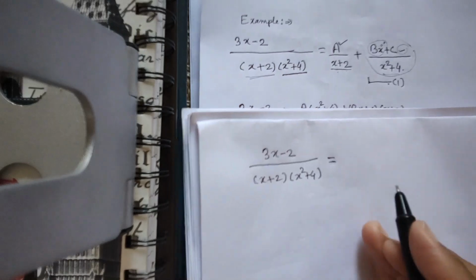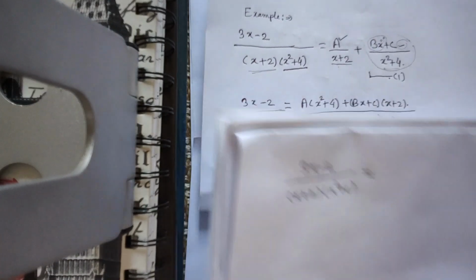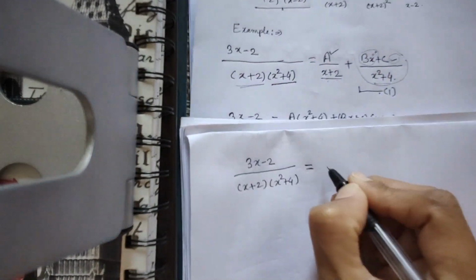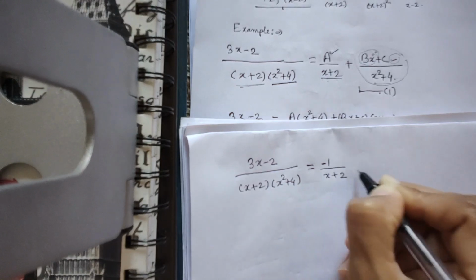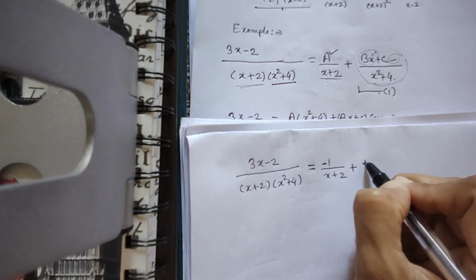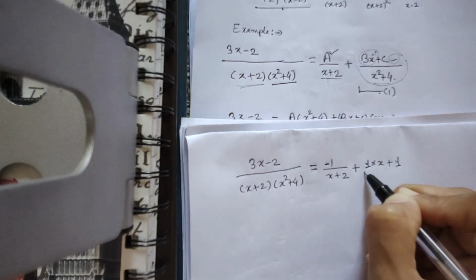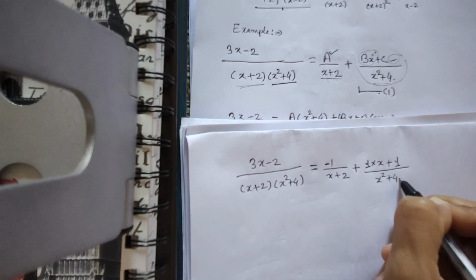So in equation 1 I'm just substituting these values. Okay, minus 1 upon x plus 2 plus b I have calculated as 1 into x plus 1 upon x square plus 4.